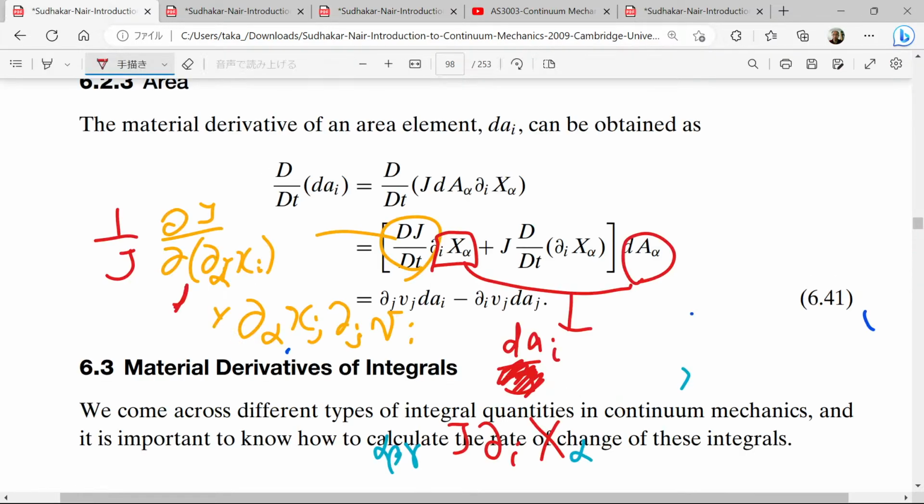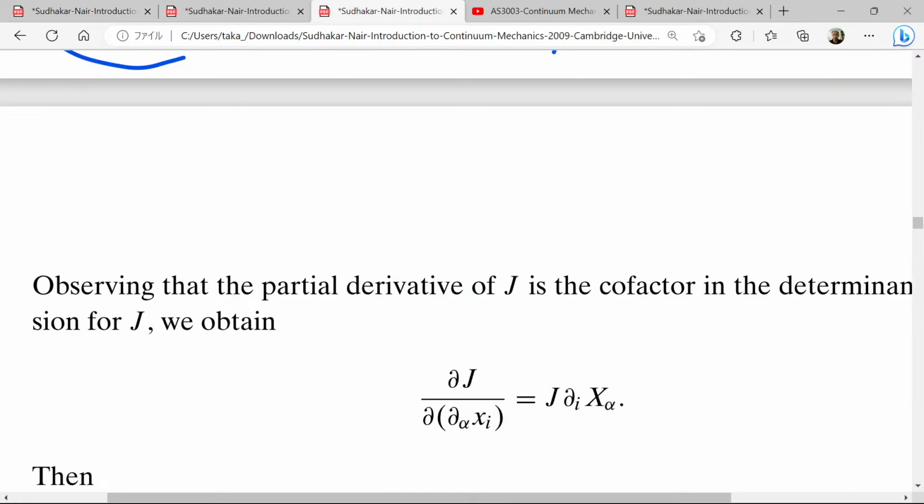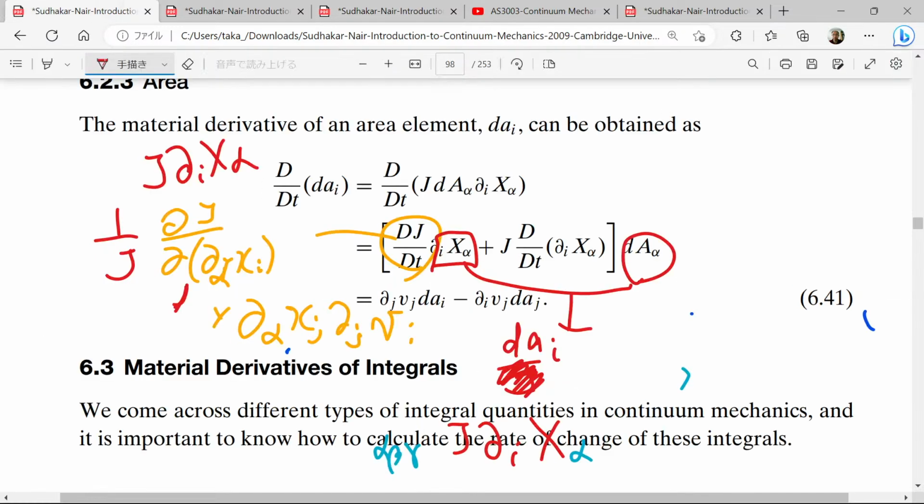Alpha I. So this is J partial I X alpha. This thing. Then we can cancel J. So what we have is this.